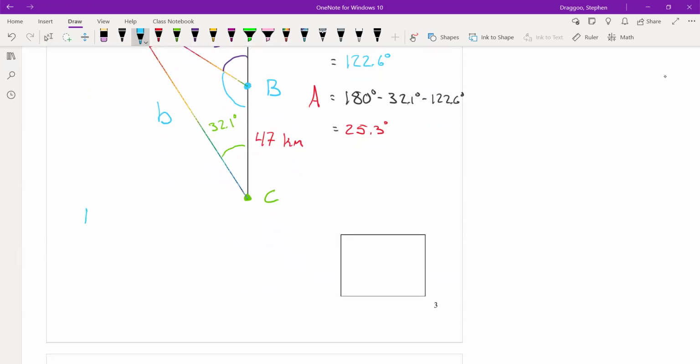That'll say my distance, B, the one I'm looking for, divided by the sine of B, which is 122.6 degrees, is equal to the ratio that I know, which was A. So that's going to be 47 kilometers on top of my fraction, and the sine of 25.3 degrees on the bottom of my fraction.